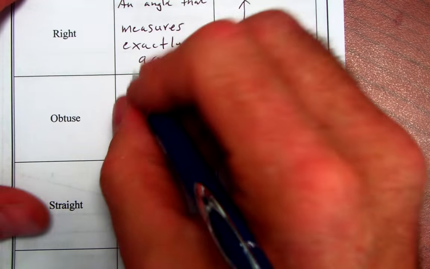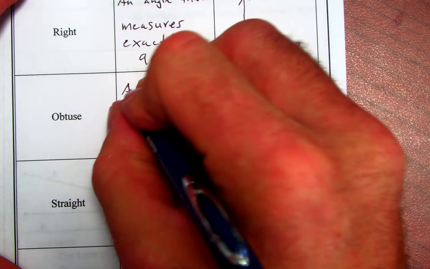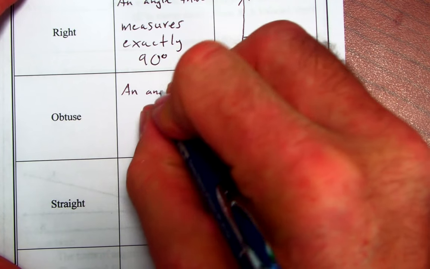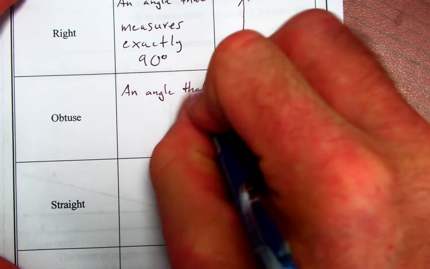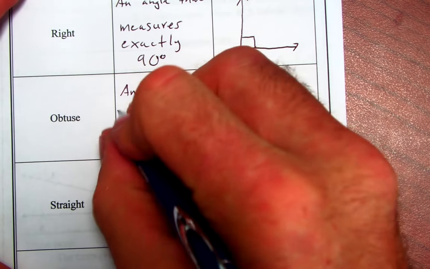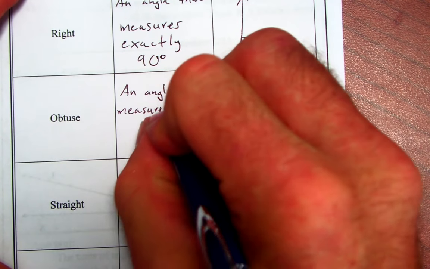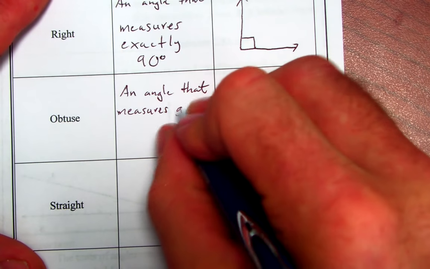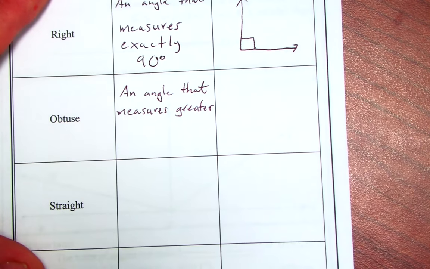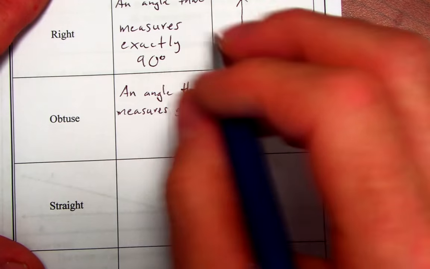You probably know this, or you might be seeing a pattern. Now we're going to say that an obtuse angle is an angle that measures, this one's the longest one, greater than 90 but less than 180.